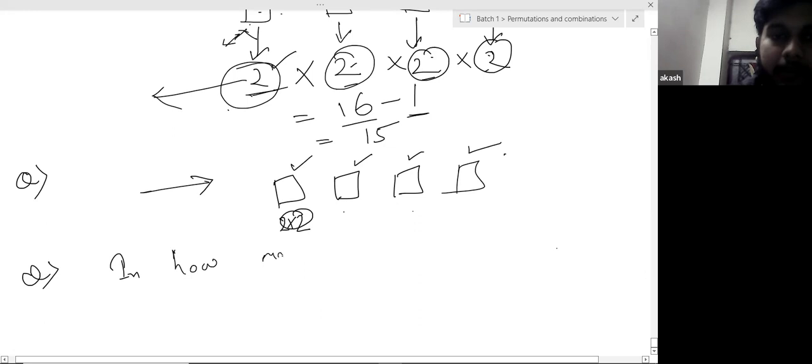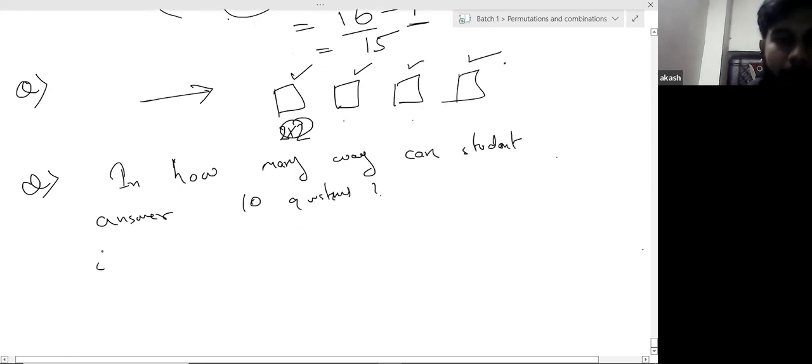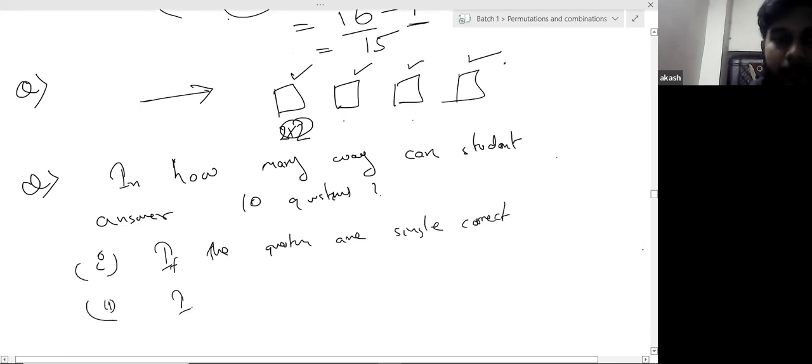In how many ways can a student answer 10 questions? This is a two-part question. If the questions are single correct, and if the questions are multiple correct.